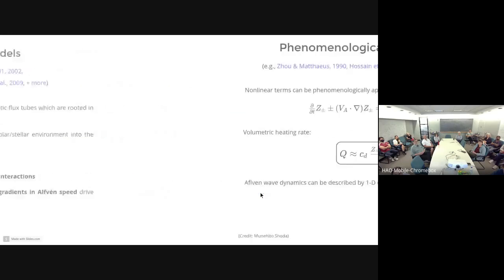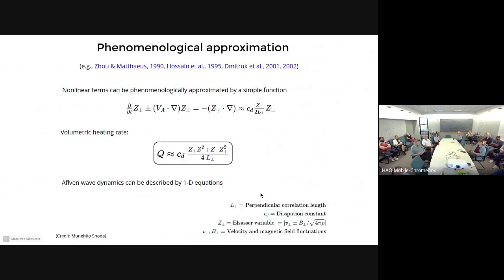Having known this, here is the phenomenological approximation. What exactly does it say? The equations for the turbulence are very nonlinear because we are dealing with nonlinear terms. Z plus and Z minus correspond to Alfvénic variables, which show the relationship between the velocity fluctuations and the magnetic field fluctuations.